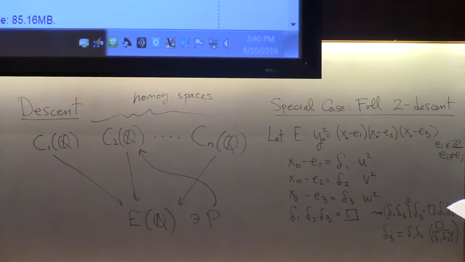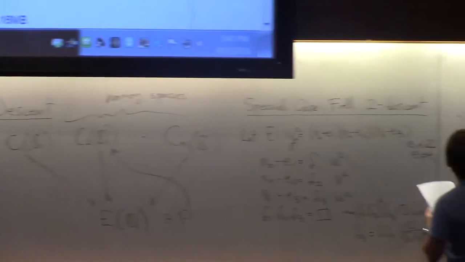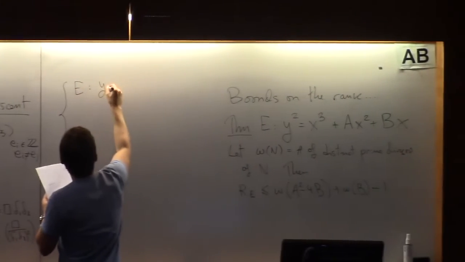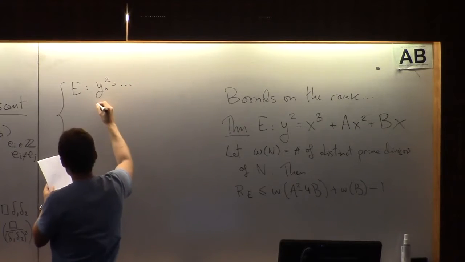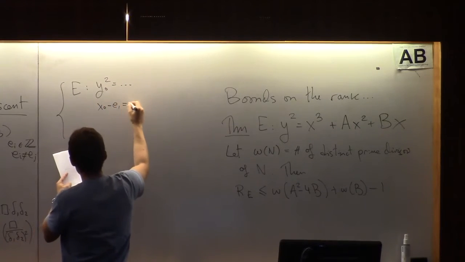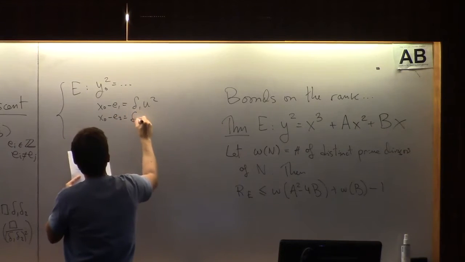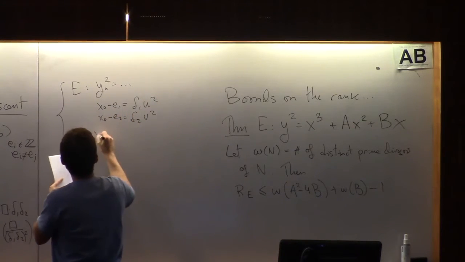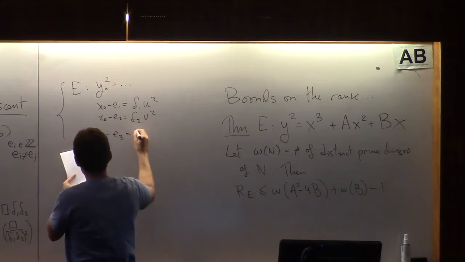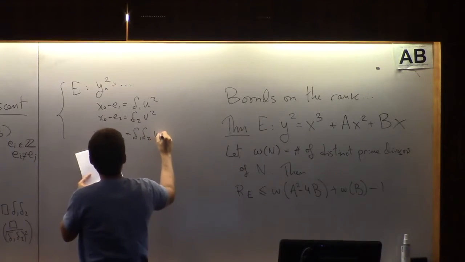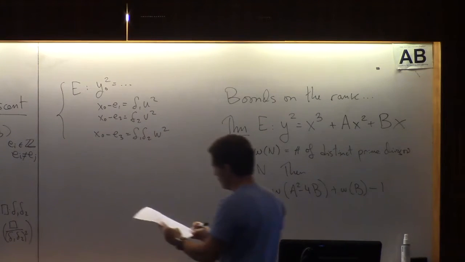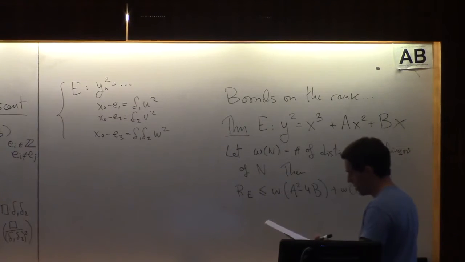Okay. So now I have that equation: x_0 minus e_1 is delta 1 U squared, x_0 minus e_2 is delta 2 V squared, and x_0 minus e_3 is delta 1 delta 2 W squared. Okay.